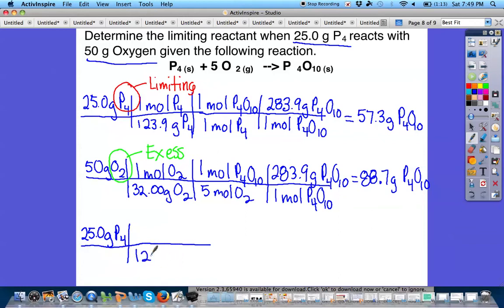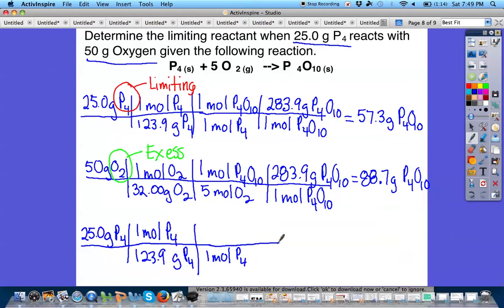The molar mass is 123.9 grams of P4. That's for 1 mole of P4. There's 1 mole of P4 in the chemical equation.